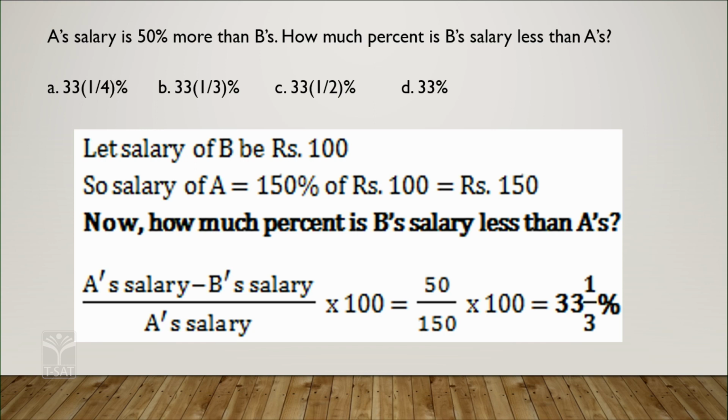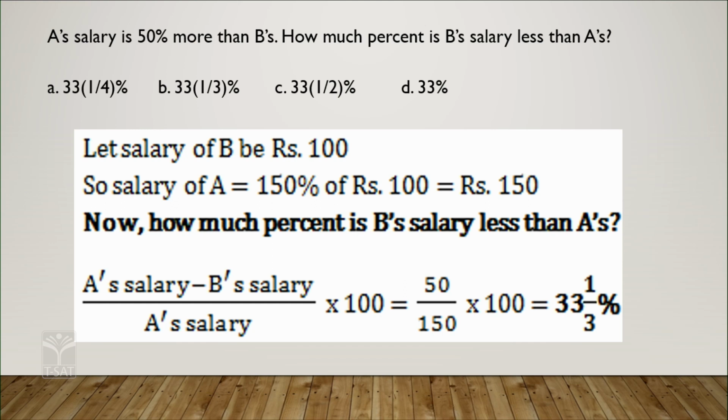Especially in percentages, if something is unknown, then assume its value is 100. Here we don't know the salary of B, because A's salary is 50% more than B's salary. So assume that B's salary is 100 rupees. Then A's salary, if 50% more, means 150 rupees.